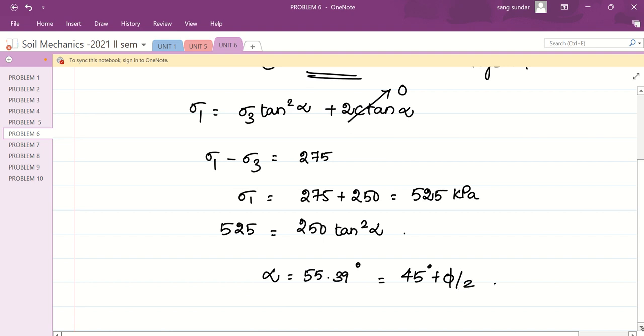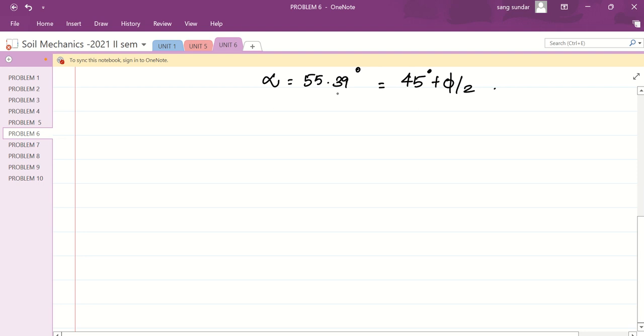So phi by 2 is equal to 55.39 minus 45, which gives us the value as 10.39 degrees, and hence phi is equal to 10.4 degrees into 2.